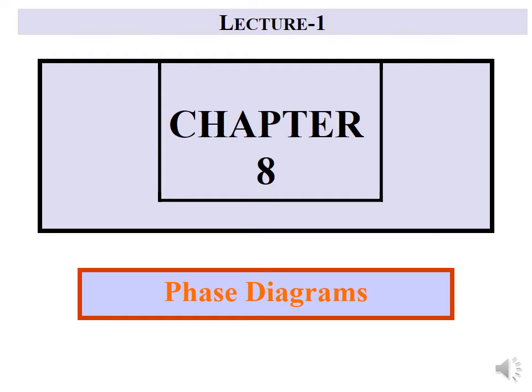Then we again go back to how do we change the properties of materials. And therefore, we start with what is known as phase diagrams. So after doing this, we may continue with phase diagrams and so on, or we may go back to chapter 4. We will see, inshallah.